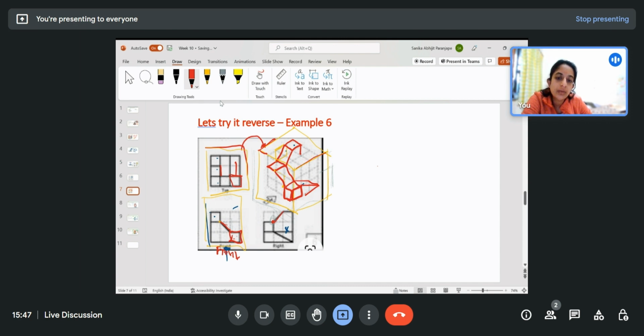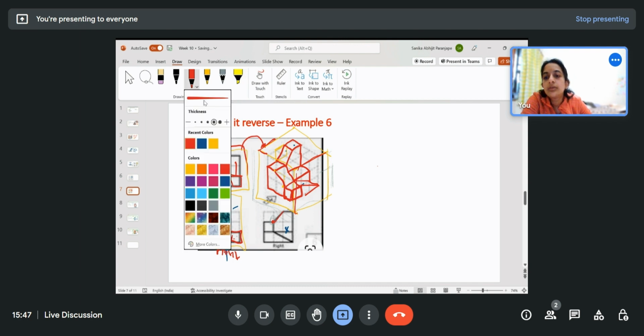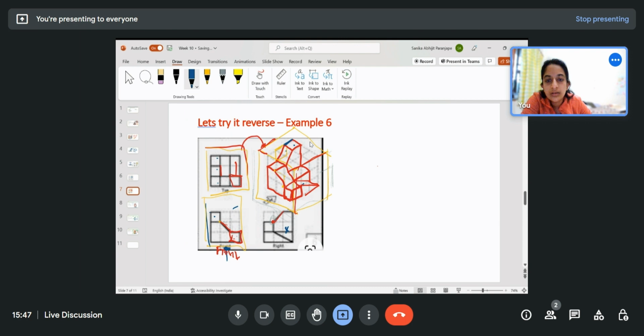So I'm looking at this plane. I need to come down one more step, and then I can join this to make this block. So finally, we have this isometric view.